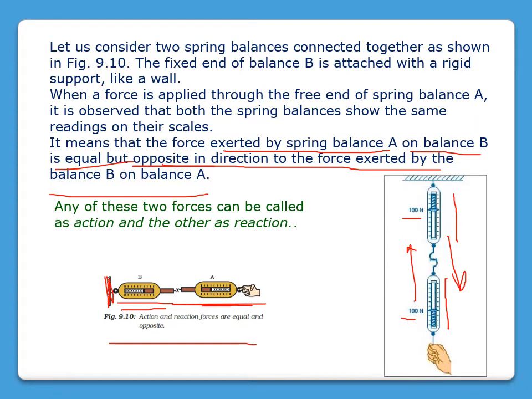Either of these two forces can be called the action and the other one the reaction. You can call this force action and this one reaction, or you can call this force action and this one reaction.